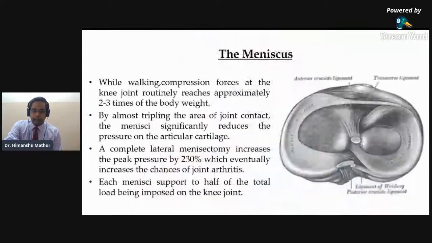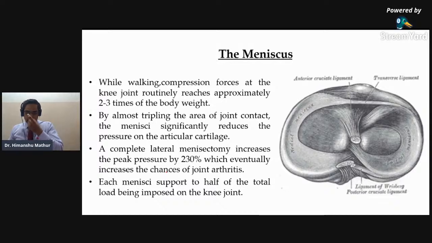Now, a very important thing, the meniscus. I will not be telling you anything about the anatomy of the meniscus, because you people know about it: which one is the half ring, which one is the C shape, which one is the two-thirds part of the ring. So we have a larger medial tibial condyle and a larger medial femoral condyle. To approximate the larger medial femoral condyle, we require a larger surface area over the tibia.